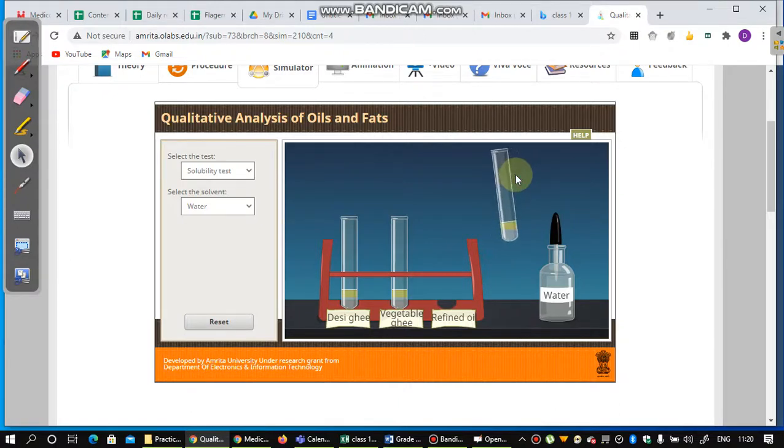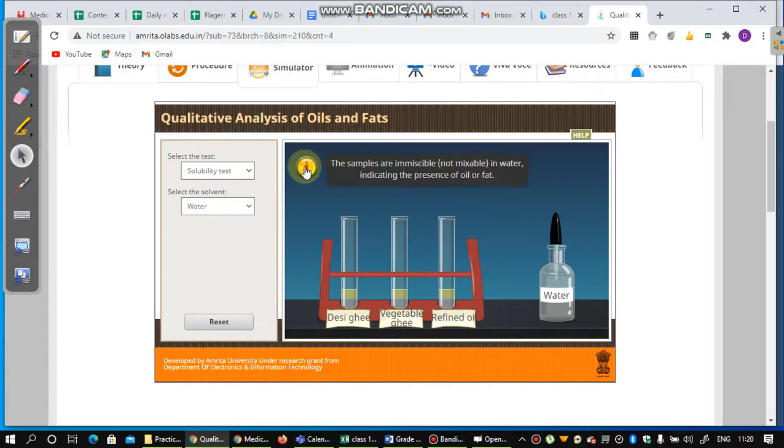It is insoluble. So in the first solubility test, what we have observed is that our desi ghee, vegetable ghee and refined oil are immiscible in water.